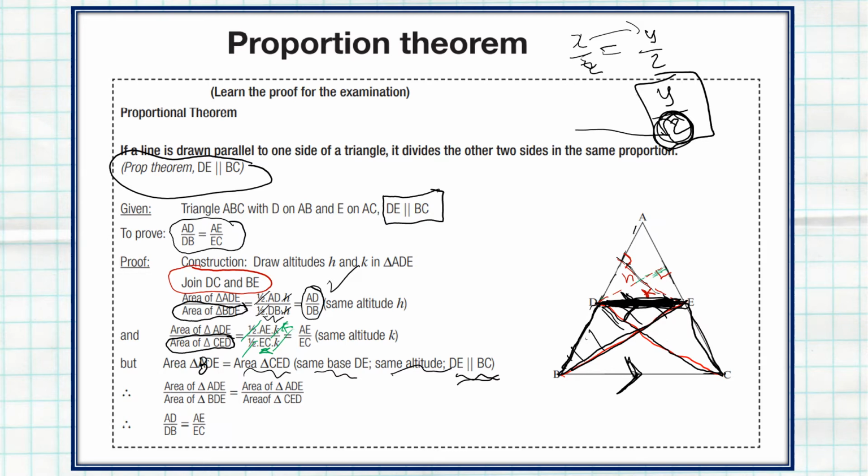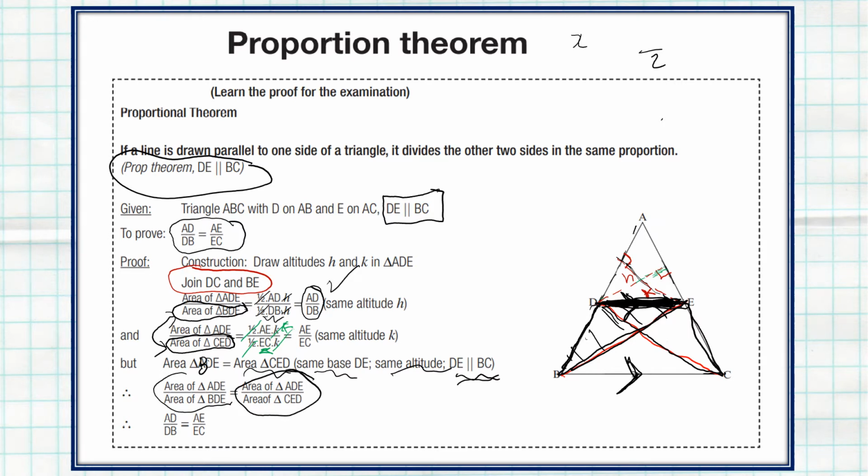Okay, so also in this case, because the areas under there are the same, then we can equate the whole thing to say area of triangle ADE over area of triangle BDE will be the same as area of triangle ADE over area of triangle CED, because those areas under there were the same, they are equal because they are found between parallel lines and they have the same base and ultimately same height.